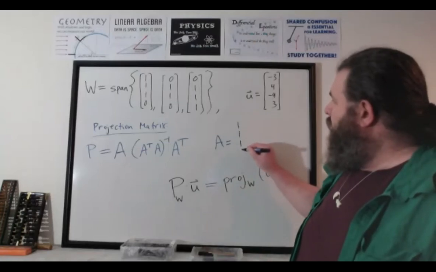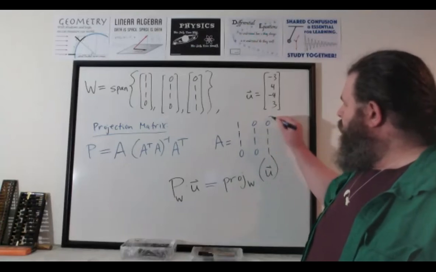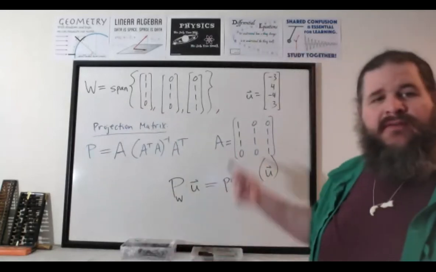So if we treat them as columns, we can think of W as the column space of this matrix.